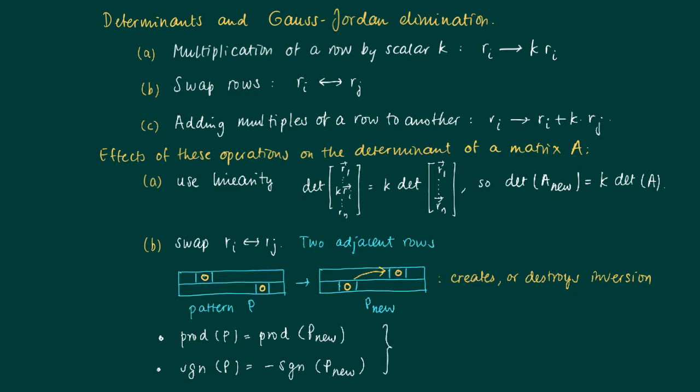So if we have two adjacent rows, we see that the determinant of the new matrix that we get by swapping rows, the determinant of A new, is minus the determinant of A. So we continue, since we only swapped two adjacent rows.